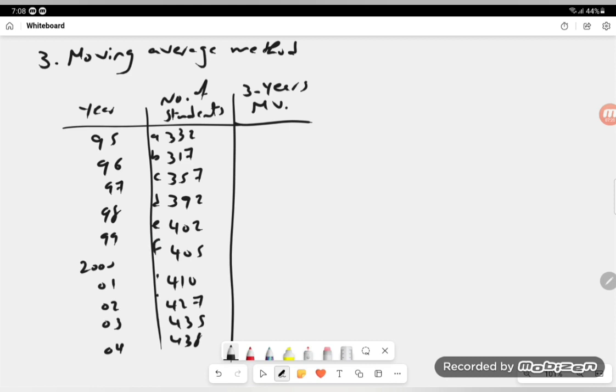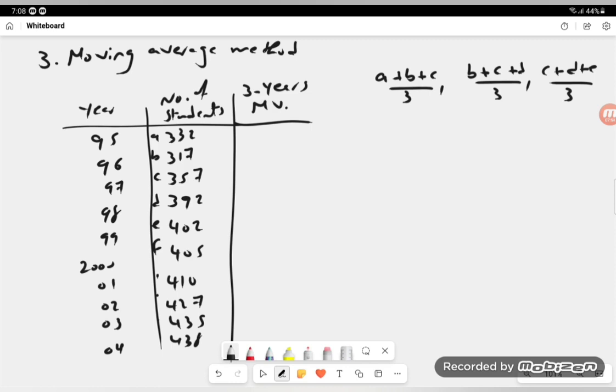If you would like to calculate the moving average for 3 years, it will be calculated as A plus B plus C over 3, then B plus C plus D over 3, then C plus D plus E over 3. And if you would like to calculate it for 4 years, it will be A plus B plus C plus D over 4, and so on.